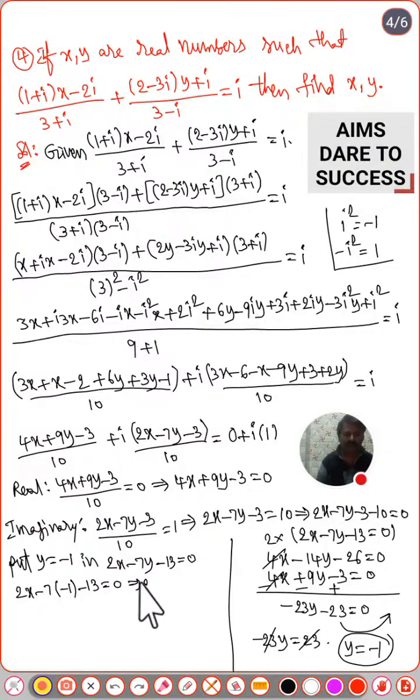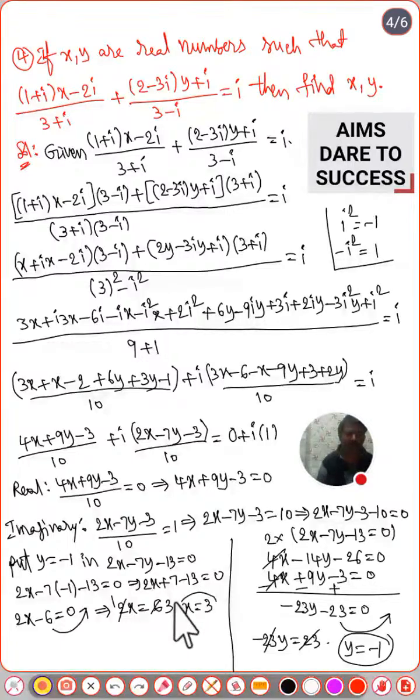So 2x minus into minus plus 7 ones are 7, minus 13 is equal to 0. Coming to next, 2x, 7 minus 13 is minus 6, is equal to 0. So minus 6 coming to the right side, we get 2x equal to 6. Cancellation, 2 ones are 2, 3s are 6. So x is equal to 3.